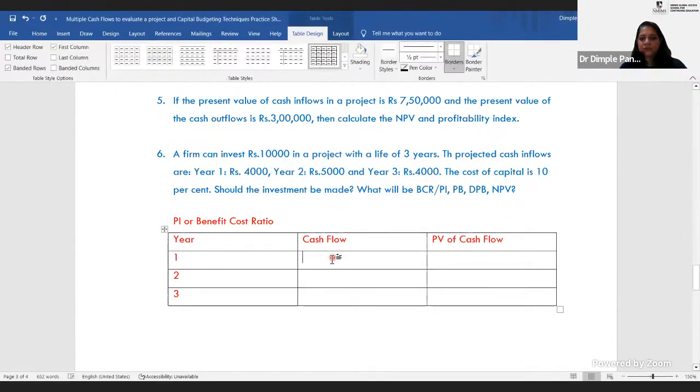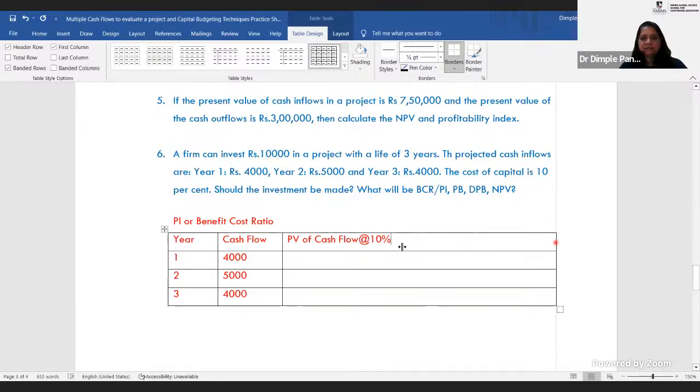So my cash flow here is 4,000, here it is 5,000, and here it is 4,000. What is my present value of cash flow? What is my discounting factor? My cost of capital I'm going to consider as 10%. Tell me quickly the values.